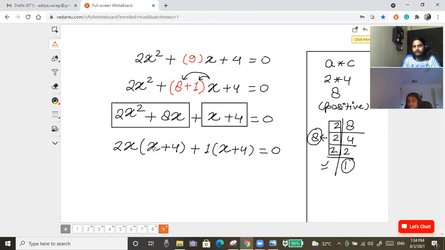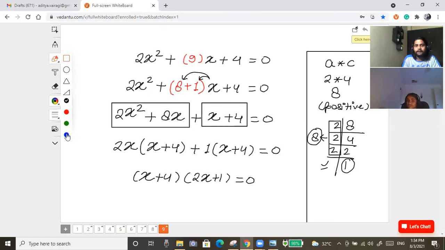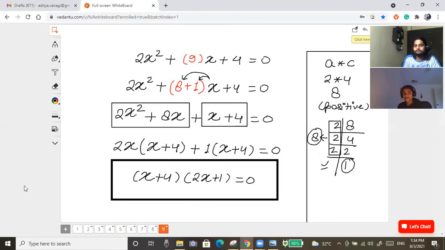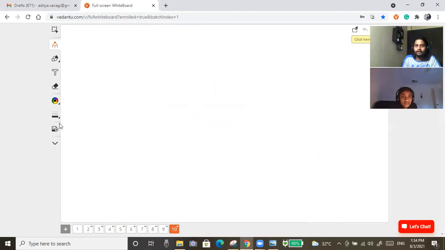Nothing is taken out. X plus 4 is common in both of the expressions, so we just take it out as common. X plus 4, 2x plus 1 equals 0. That is the factorized form that we wanted. Now once we got this factorized form, we have to write it twice. Okay, let me write down.